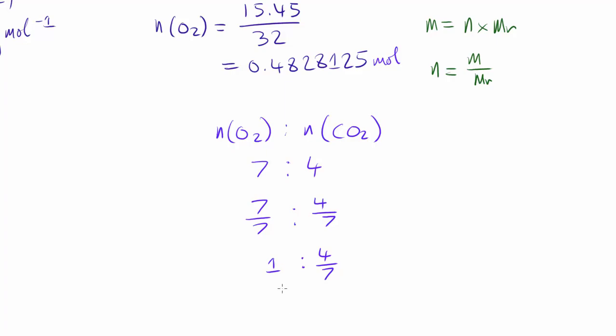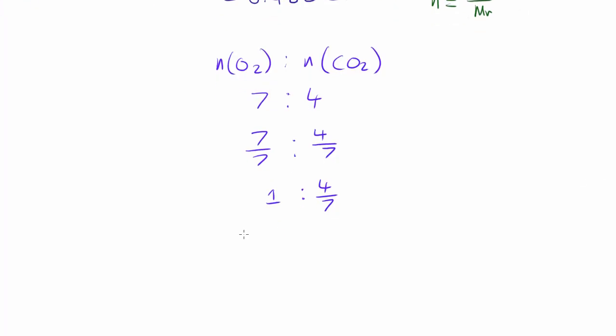What does this tell us? It tells us that in order to figure out the number of moles of carbon dioxide, we need to multiply the number of moles of oxygen by 4 over 7. So this is effectively to say the number of moles of CO2 is equal to 4 over 7 multiplied by the number of moles of oxygen.